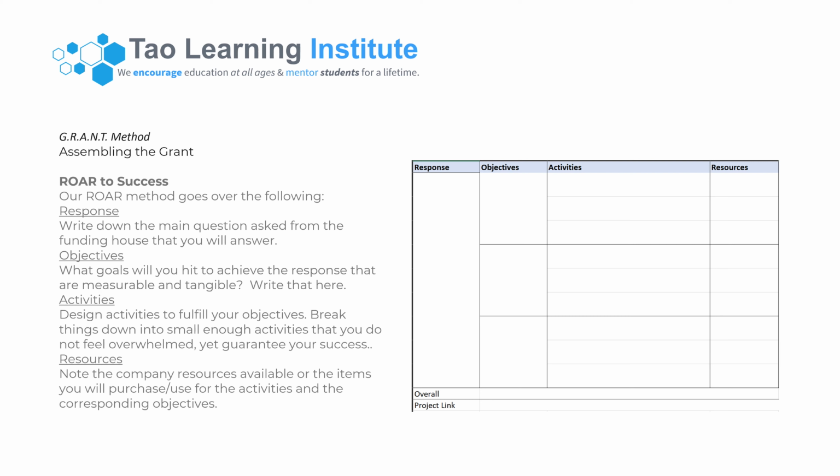So now that you have all your activities lined out, each activity is going to need specific resources, tools, and facilities, staff, a whole assortment of things to achieve that activity. So note the company resources available or the items you're going to purchase and use for the activities for the corresponding activity and then the corresponding objective.